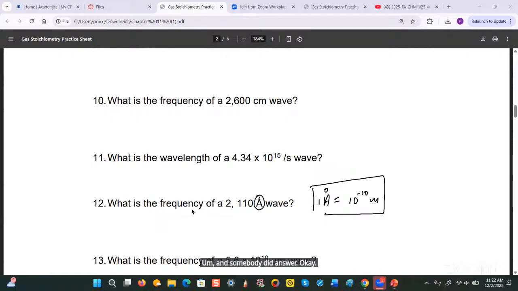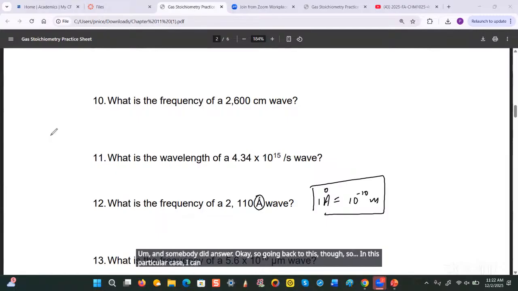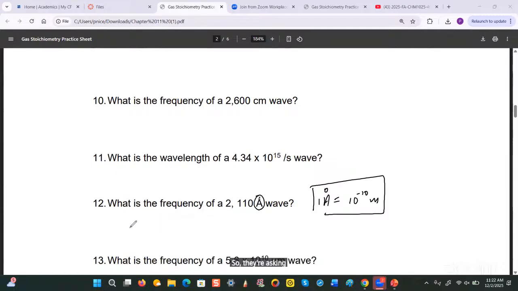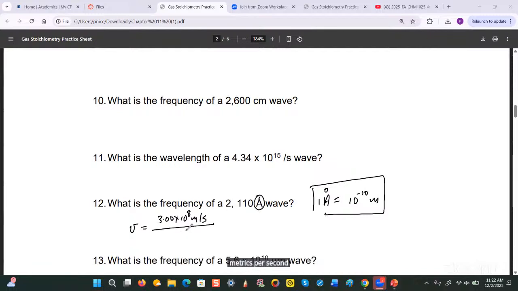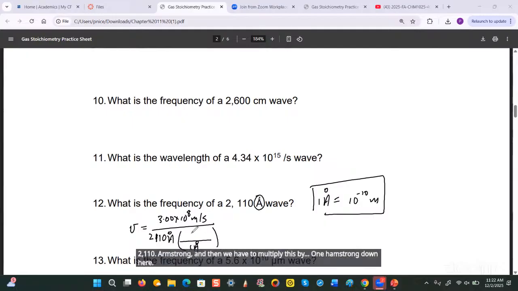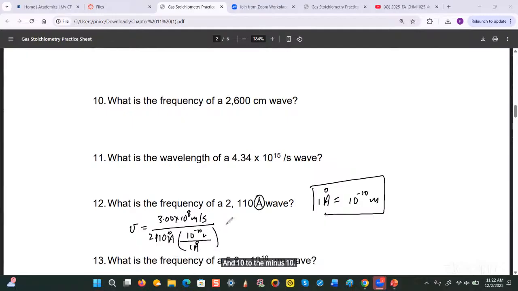So going back to this, in this particular case, let me do this one for you. They're asking for the frequency. The frequency would be the speed, which is 3.00 times 10 to the 8 meters per second, divided by the wavelength, which is 2110 angstrom, and then we'd have to multiply this by 1 angstrom down here and 10 to the minus 10 meters above, and that's it.